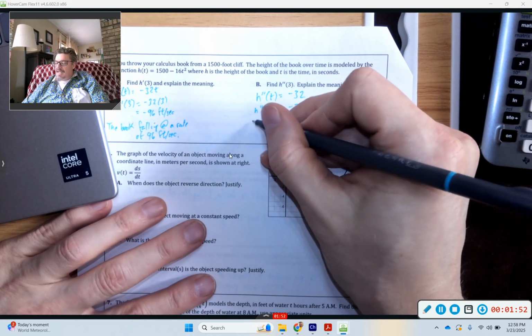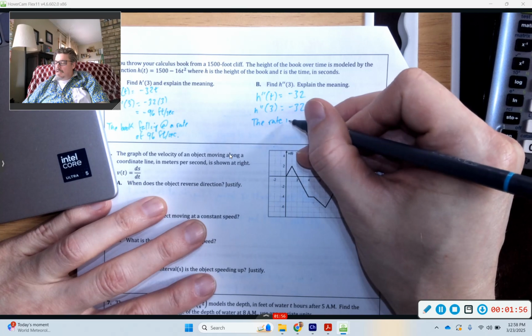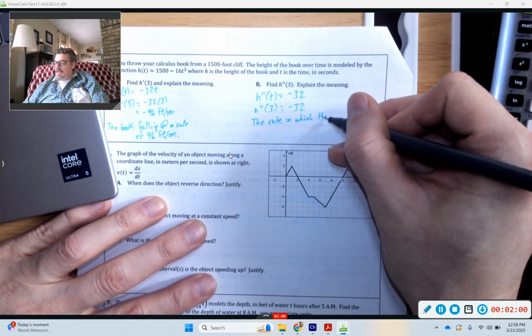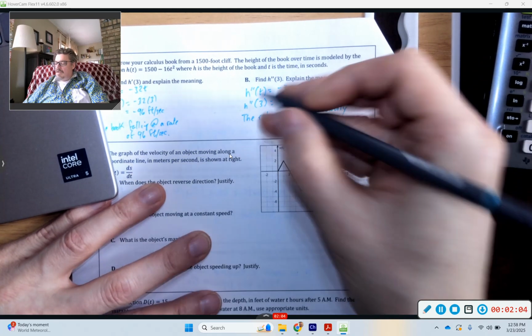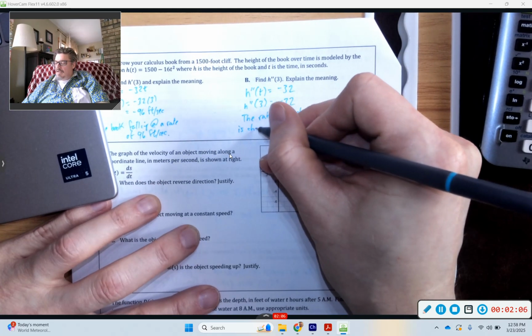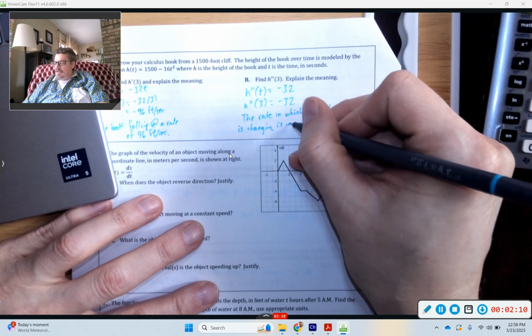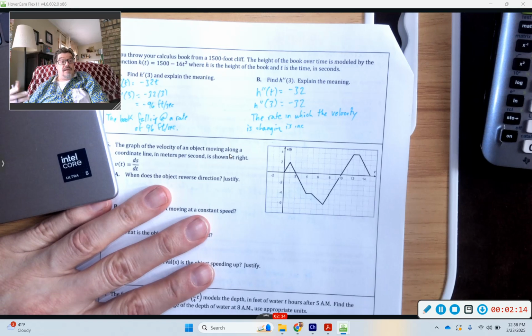It means that the rate in which the velocity is changing, this is kind of wordy though, is increasing. Right, well, it's decreasing, but since they're both negative, they're both going in the same direction.